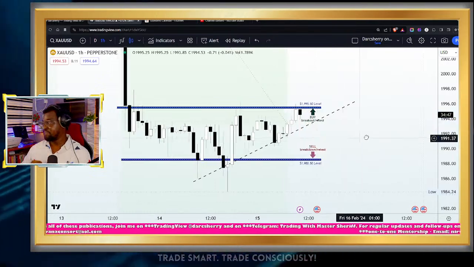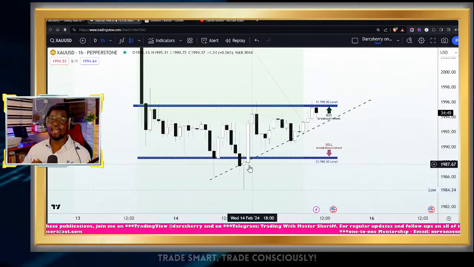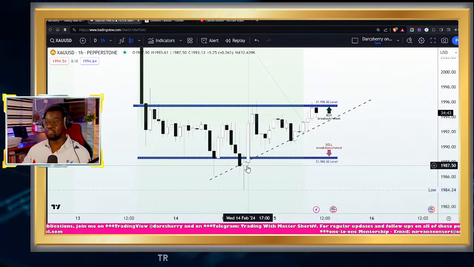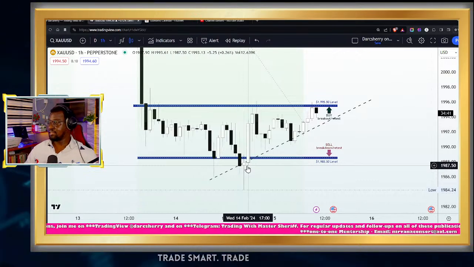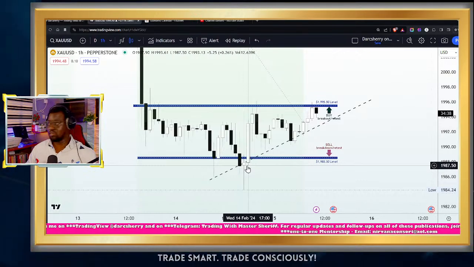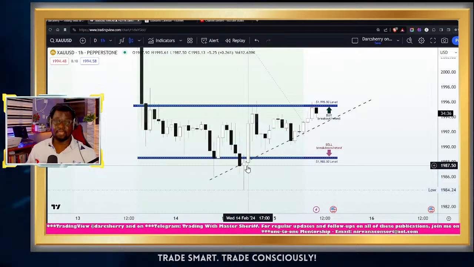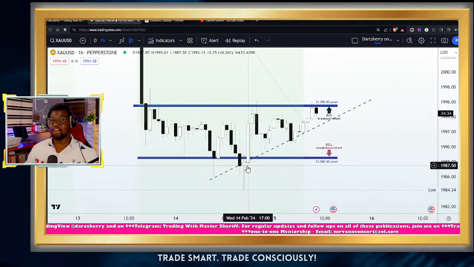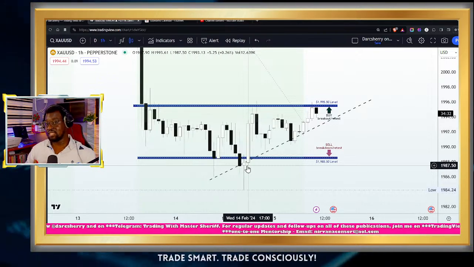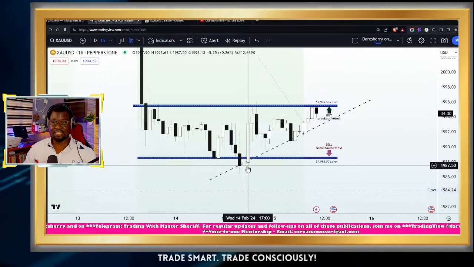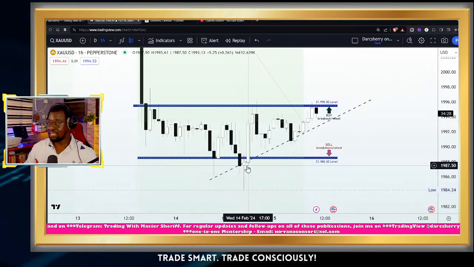However, if price action goes ahead to break down this ascending trend line for the first time in the last 18 hours or 20 hours or so, then we might begin to get ready to sell. But if I'm going to be selling, I would like to see some confirmation that truly sellers are going to be dictating the pace going forward.